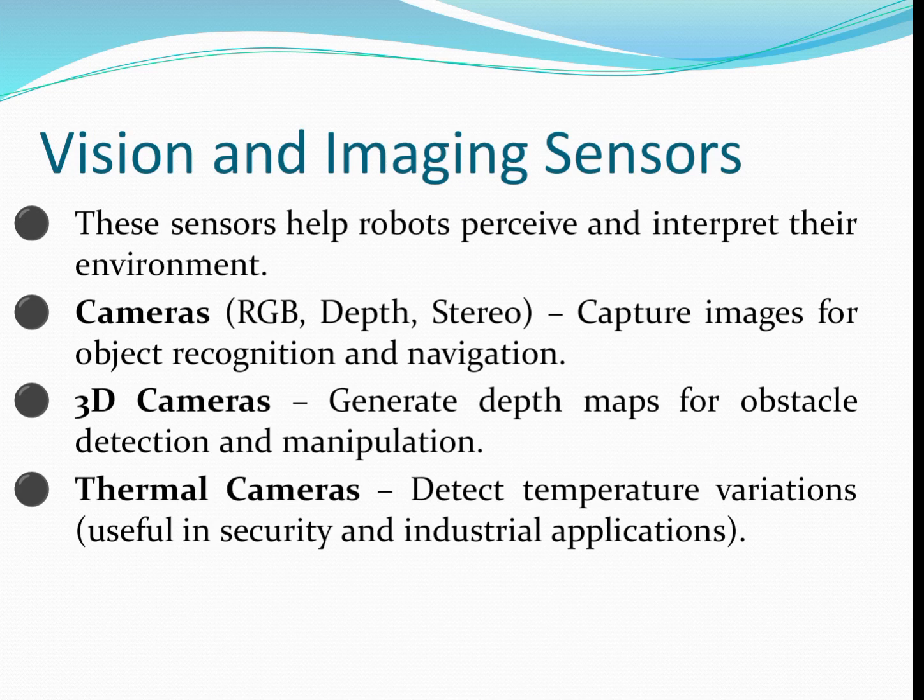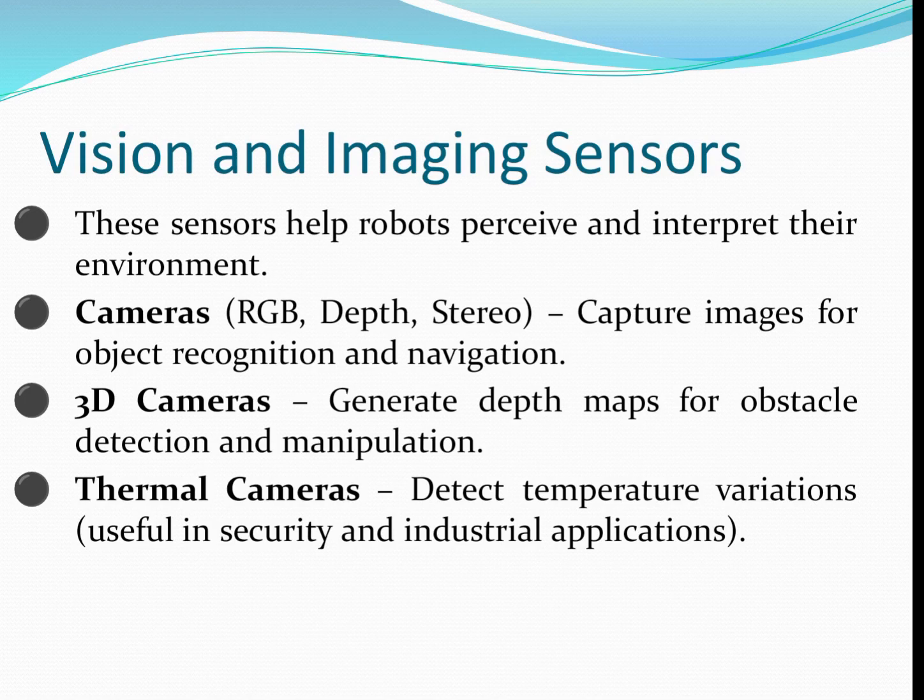Next we see vision and image sensors. These sensors help robots to perceive and interpret their environment. Examples of vision sensors are cameras, 3D cameras, and thermal cameras.